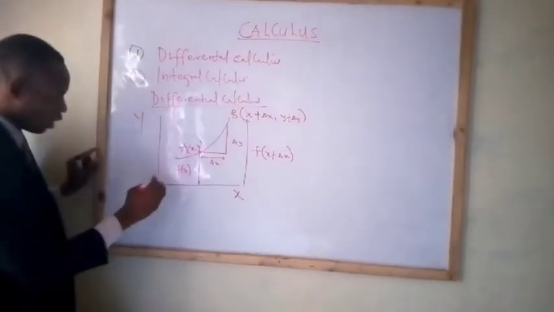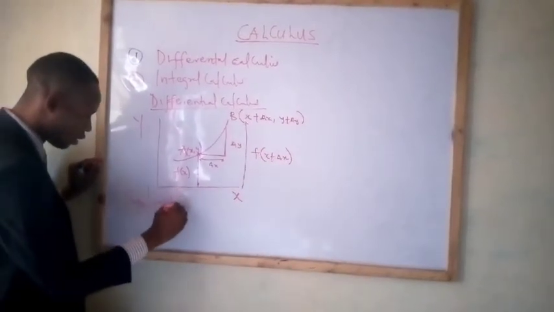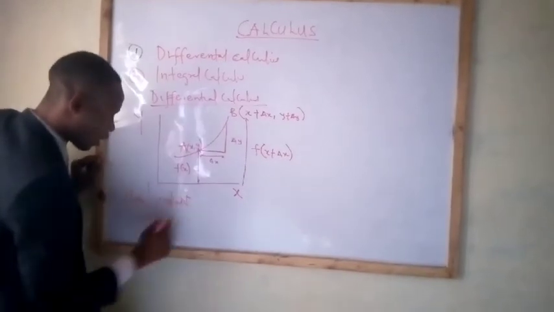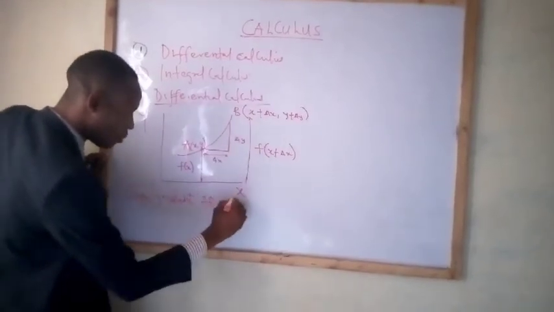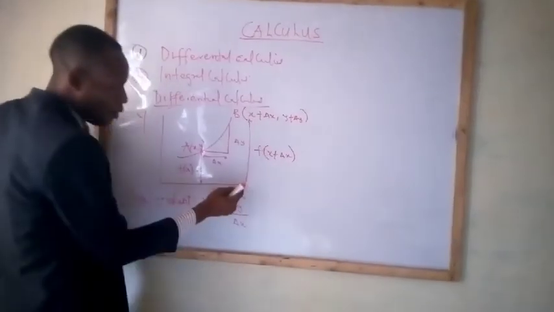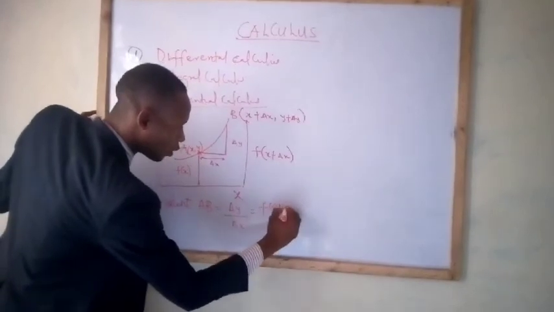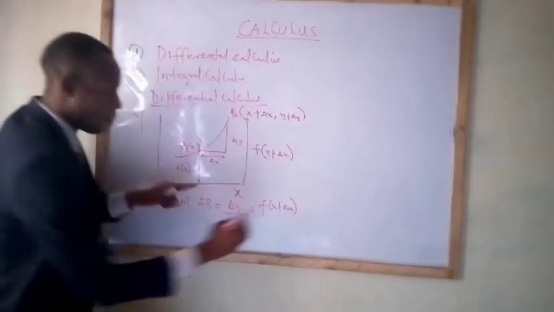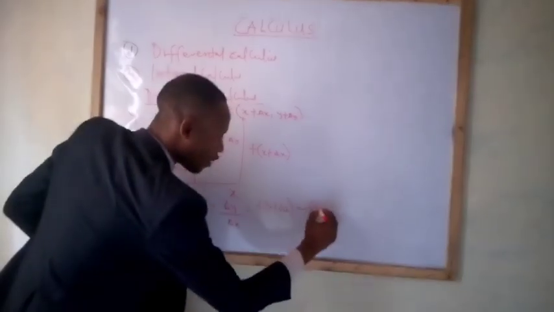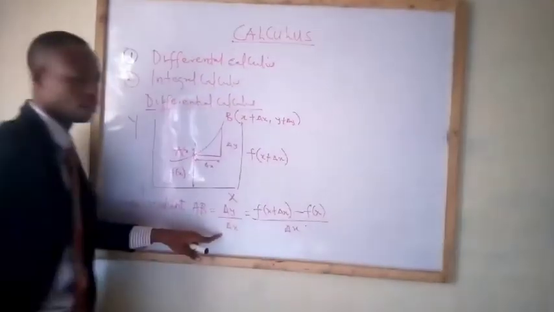Now, slope, or simply known as gradient, is given by, slope or gradient for AB is given by change in y over change in x. Now, change in y is simply from here to here, and that represents f of x plus delta x. Then minus, from here to here, that's f of x, all over this delta x.